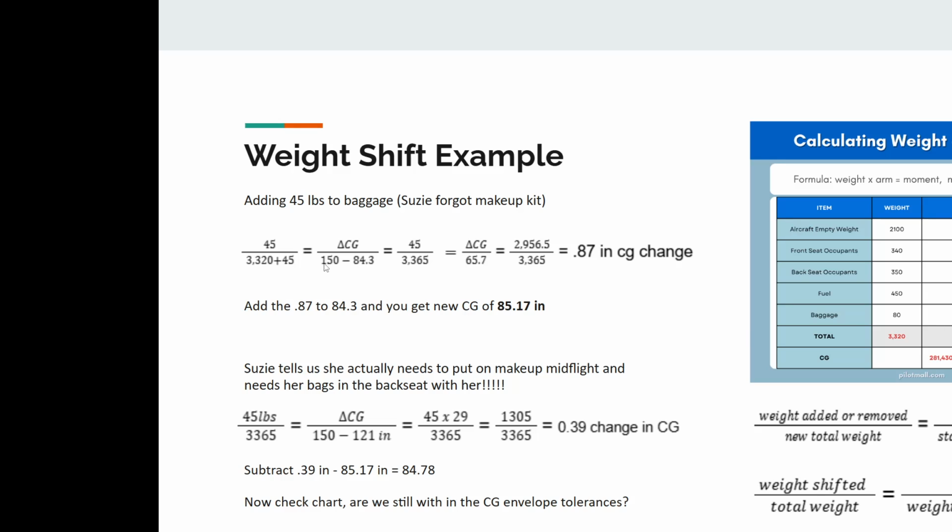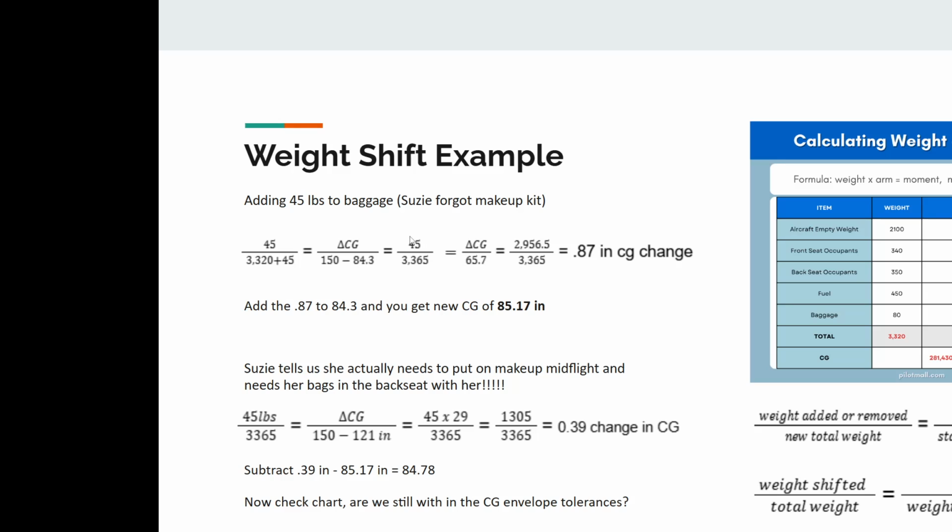So we're going to subtract 150 minus 84.3 to give us the difference in inches, the arm change, essentially. Once we do that, we come to the conclusion that it's 65.7 inches of a change.